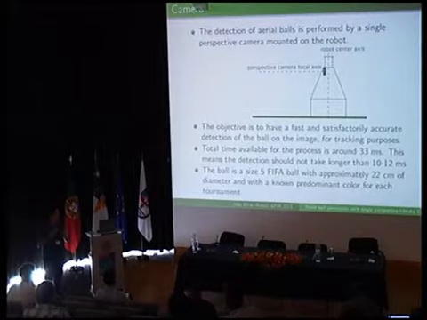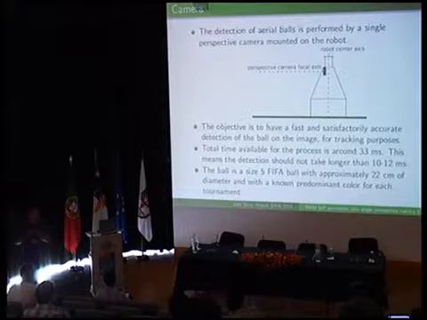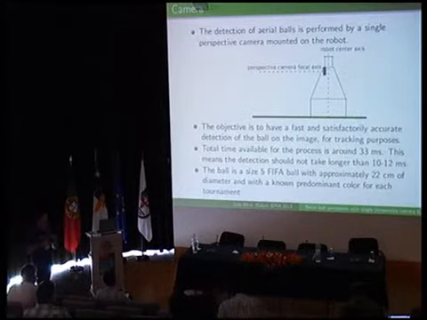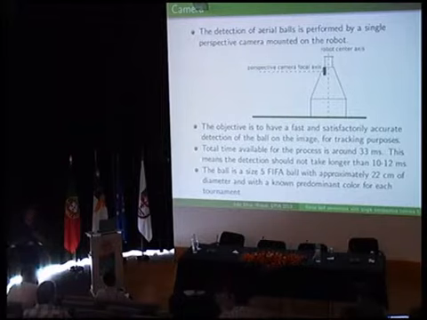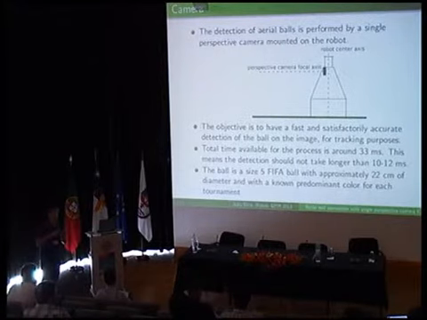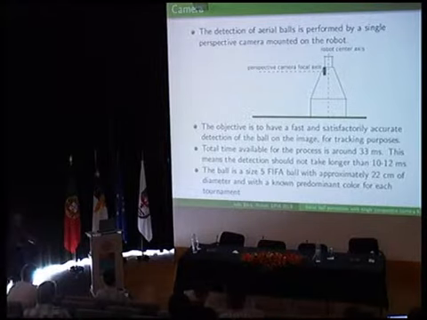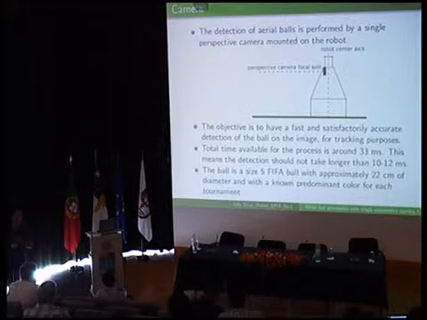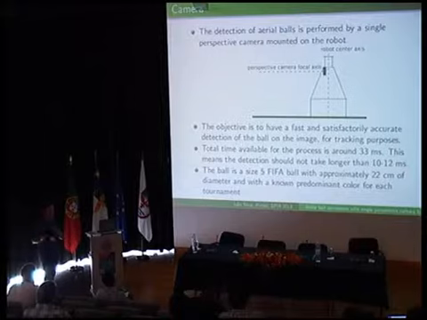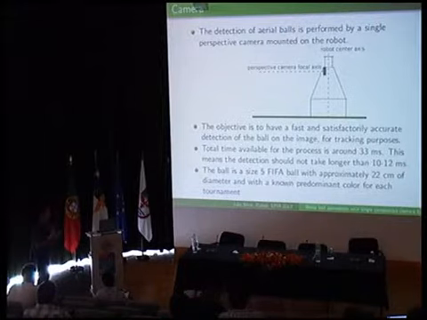is to have a fast and sufficiently, or satisfactorily, accurate detection of the ball while it is in the air, so that we can have some information about those situations when we previously had none. So the total time available for everything that we use in our team is about 33 milliseconds. The main camera works at 30 frames per second, and so everything must be done within this time window.